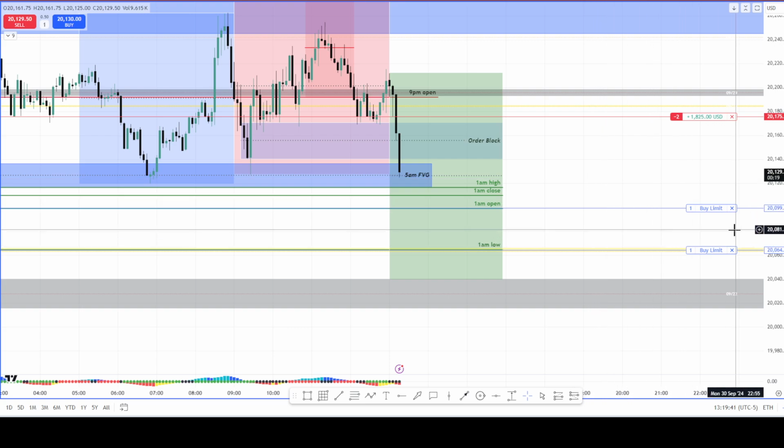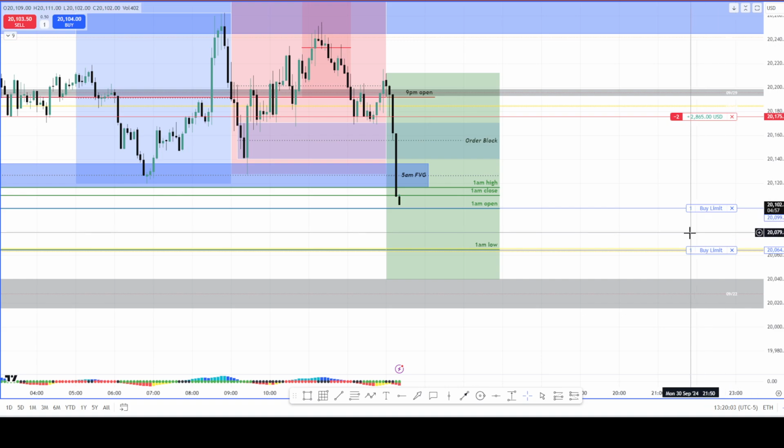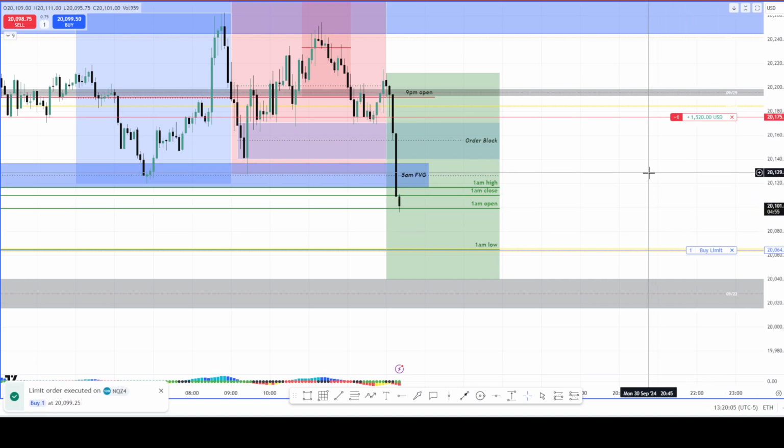20 seconds until this 5 o'clock candle closes. Oh, look at the speed. Look at that speed through the fair value gap. Tap that open, baby. Nice.